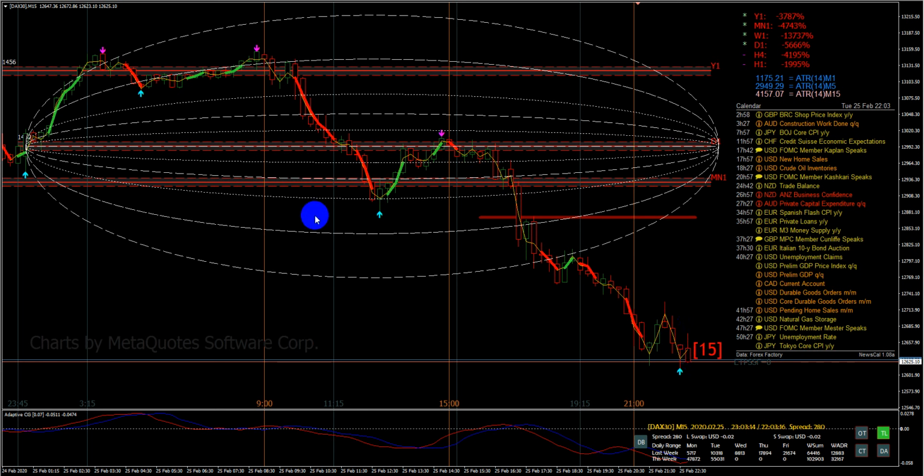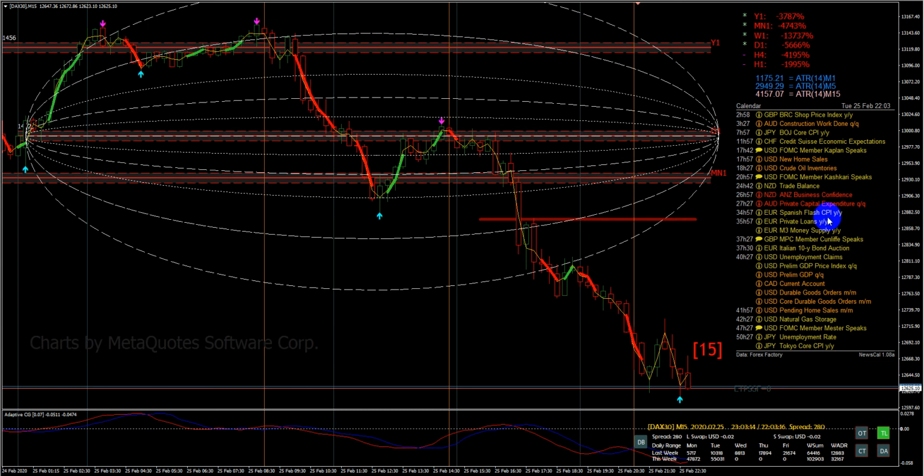That's what it did, and you can see that in the beginning it was nicely inside my data universes, I call them. So like these ellipses, they form a universe, and the price works inside this universe.